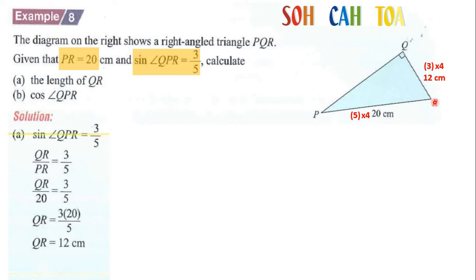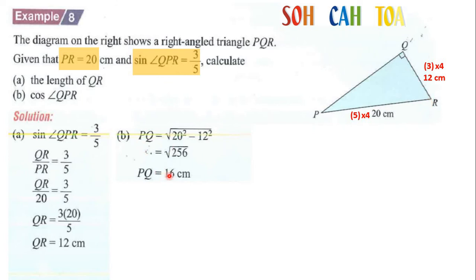Part B. Calculate cos angle QPR, the angle at P. Cos is adjacent over hypotenuse. But now you do not know the length of PQ. Now you have to use Pythagoras theorem to find PQ because you now know the length of QR.